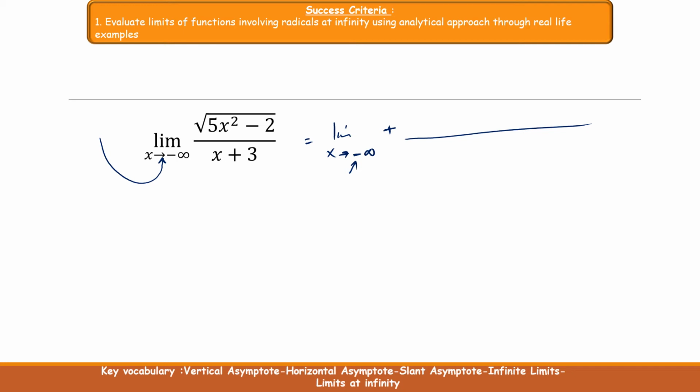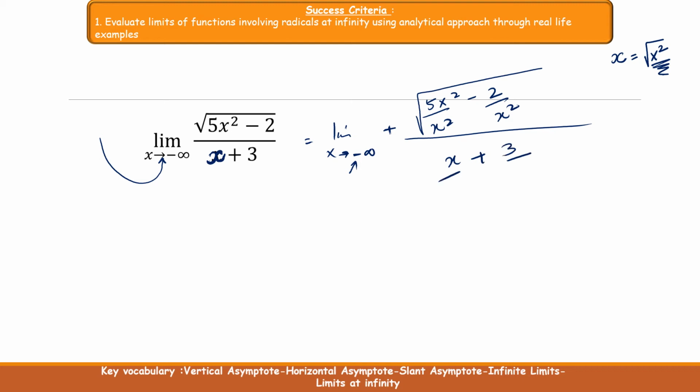In the denominator, the variable with the highest degree is 1, so x. But when I write it with the square root, it gives me x square. In the numerator, I have a square root, so I will divide by x square. But in the denominator, I don't have the square root, so I will divide by x.